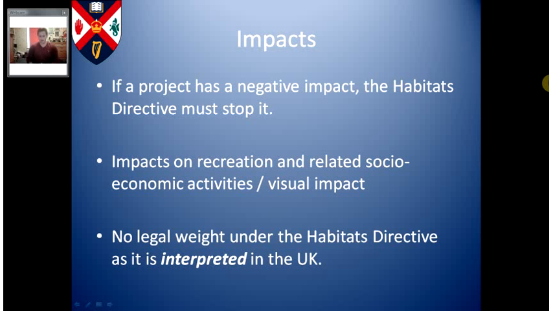However, under the Habitats Directive, impacts on recreation, related socio-economic activities and any visual impact are not thought to carry any legal weight as it's currently interpreted within the UK. And I've highlighted interpreted because it is a policy and a framework, and it should be interpreted for different areas.